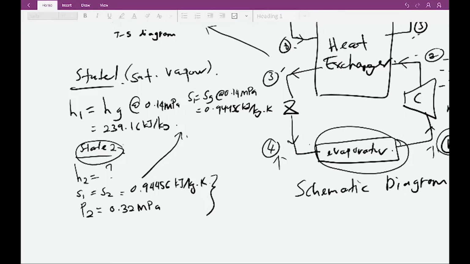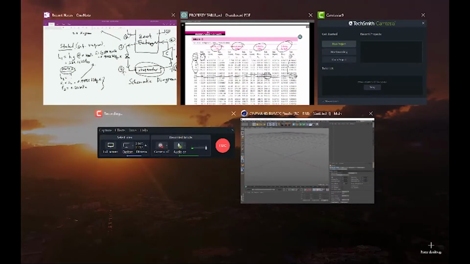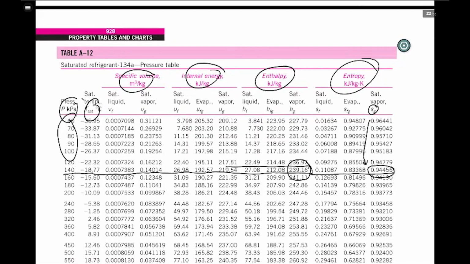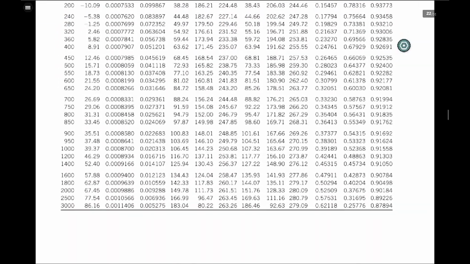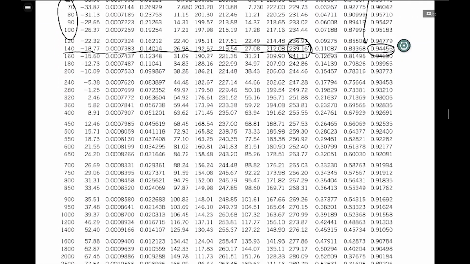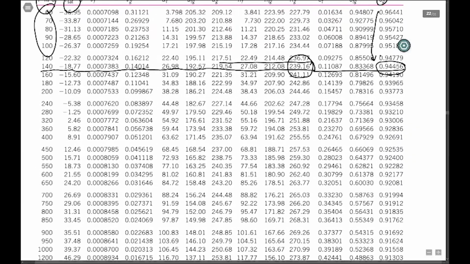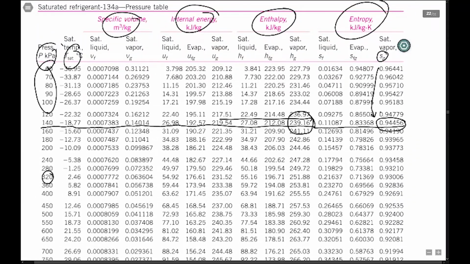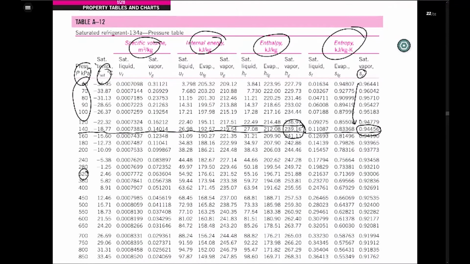We need to name the state. To name it, we need to go back to the property tables. Look at pressure first, 0.32, 320 kPa here. Make sure you always refer to the saturated table before naming the state.